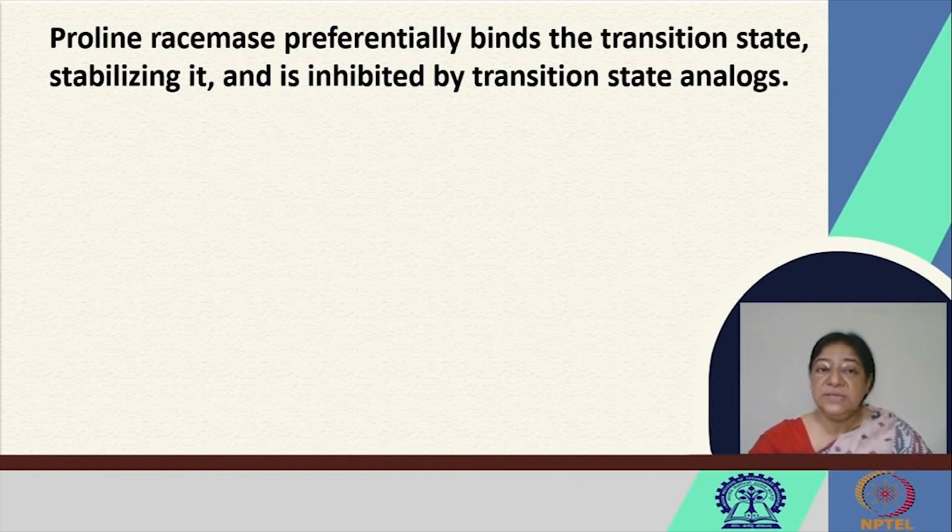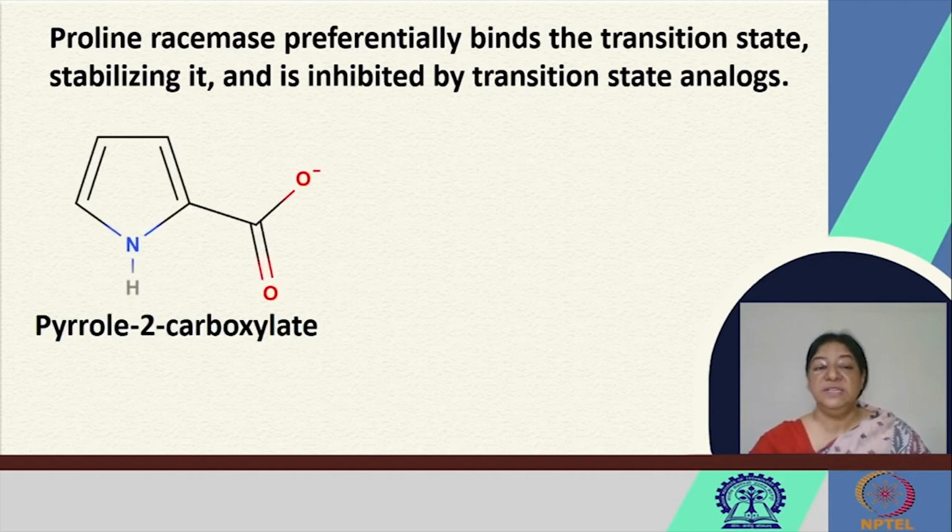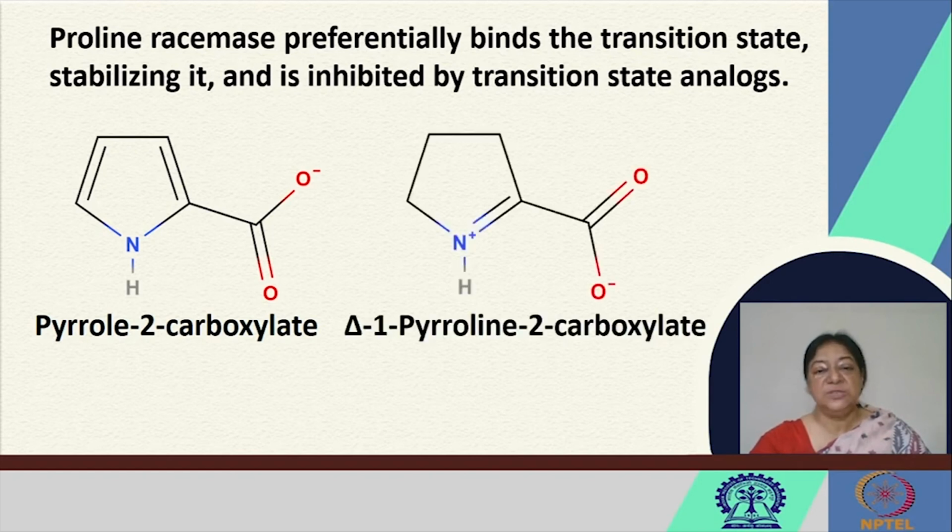It stabilizes it, and this can be inhibited by transition state analogs. So instead of substrate analogs, we look at transition state analogs to inhibit the enzyme, where we could have a tighter binding. So these are specific examples of transition state analogues for proline racemase.